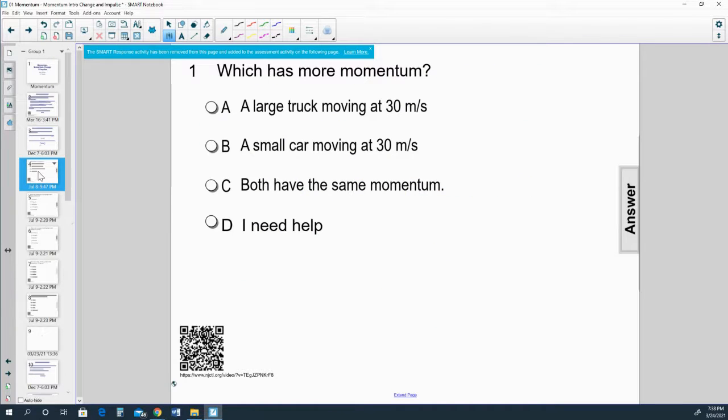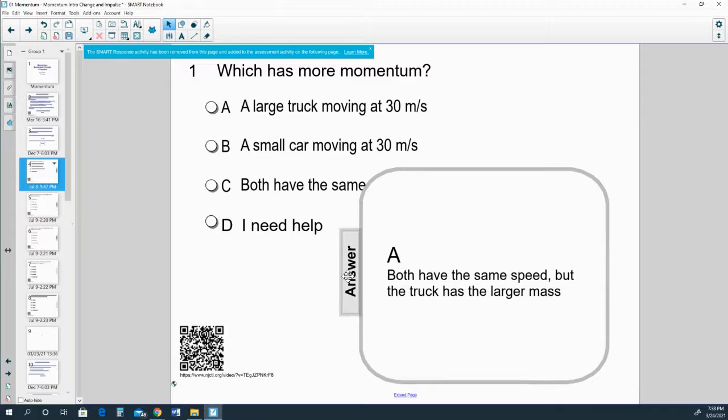Let's try some practice problems before we move on to the next thing. Which has more momentum: a large truck moving at 30 meters per second, a small car moving at 30 meters per second, or do they both have the same momentum? Okay, let's take a look.